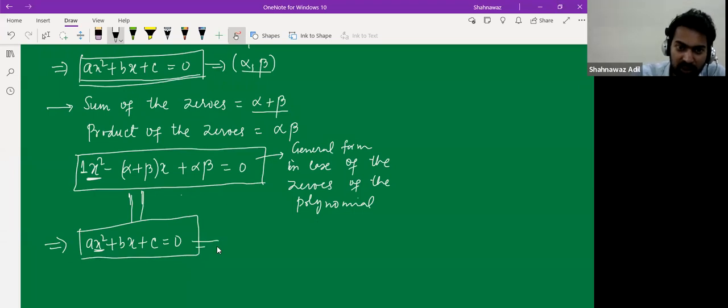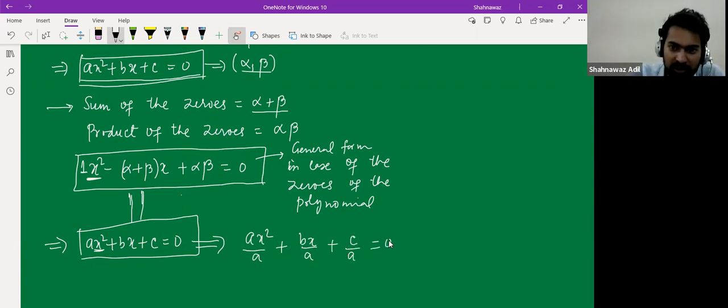I should divide this equation by a, the whole equation. So this is ax square by a, and this is bx by a, and this is c by a. So this is 1, and now we can compare. So this is b by a and this is c by a.